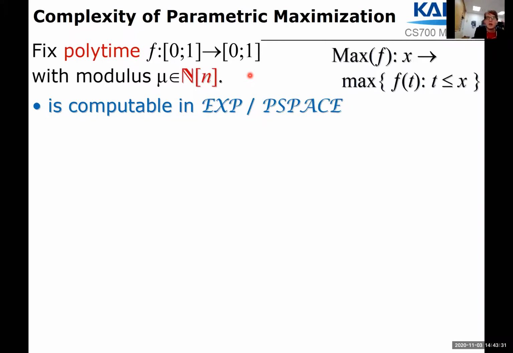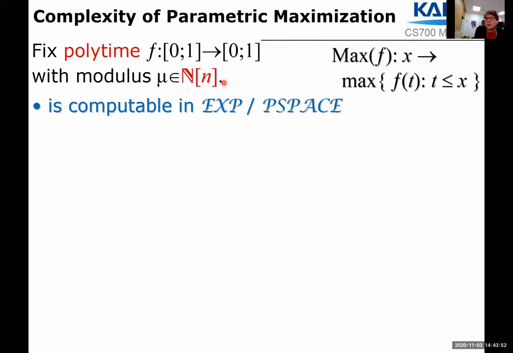And the algorithm that computes this new function in exponential time and in polynomial amount of memory, polynomial in the output precision parameter n, uses the fact that we already know that a polynomial time computable function must have a polynomial modulus of continuity.